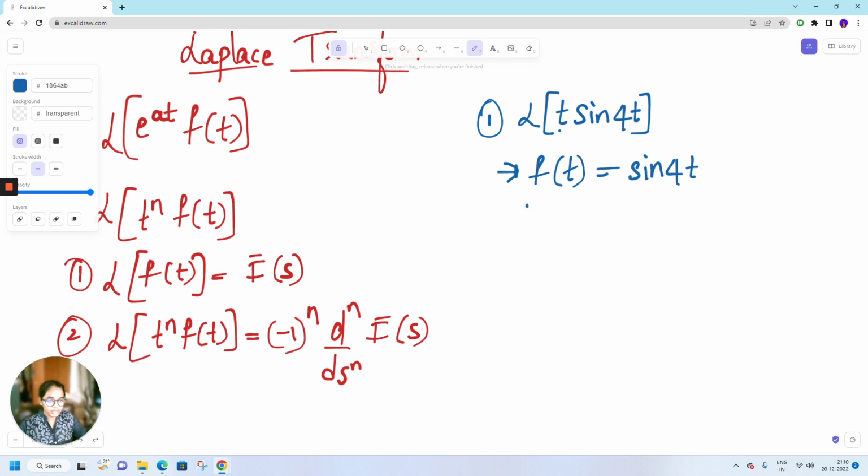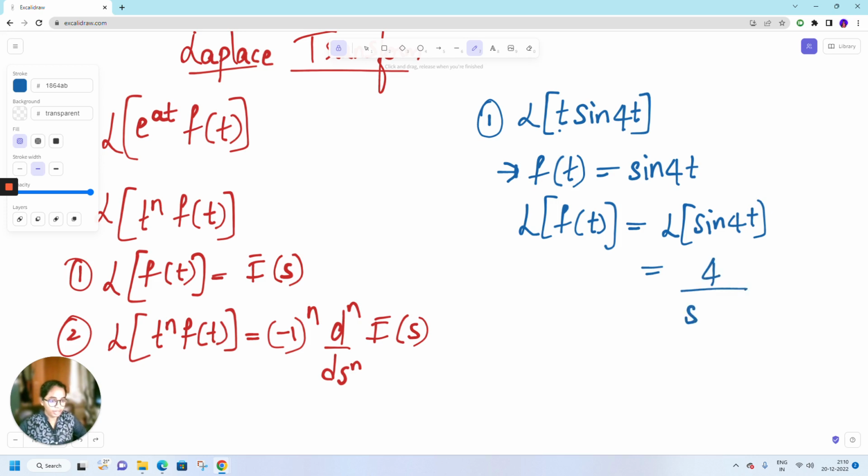Now, what is Laplace of f of t? Laplace of f of t is equal to Laplace of sine 4t, that is 4 divided by s square plus 4 square, which is 36. This was our first step.